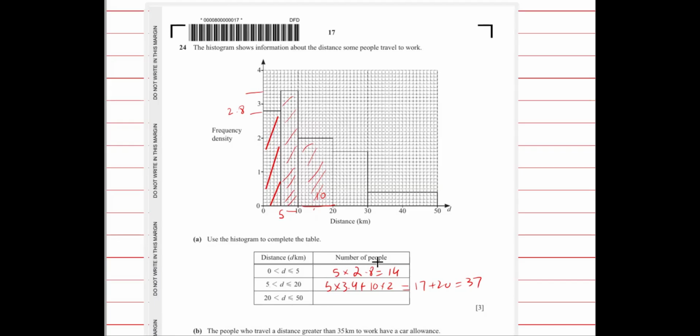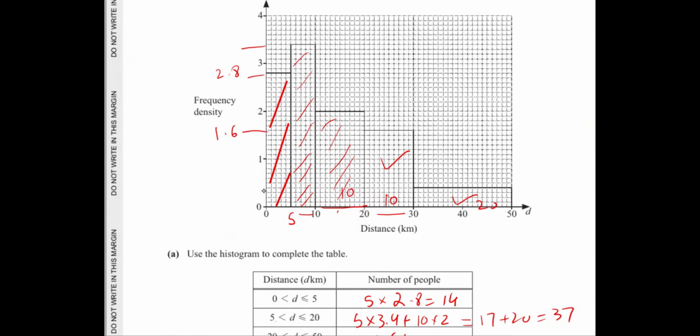Next, we have to calculate the number of people who travel the distance from 20 to 50 kilometer. Look here, 20 to 50 kilometer, here are two bars. This is the first and second. We will take the area of the first bar. The width here is 10, height here is 1.6. Therefore, we write 10 into 1.6 plus the area of the last bar, width is 20 and height here is 0.4.